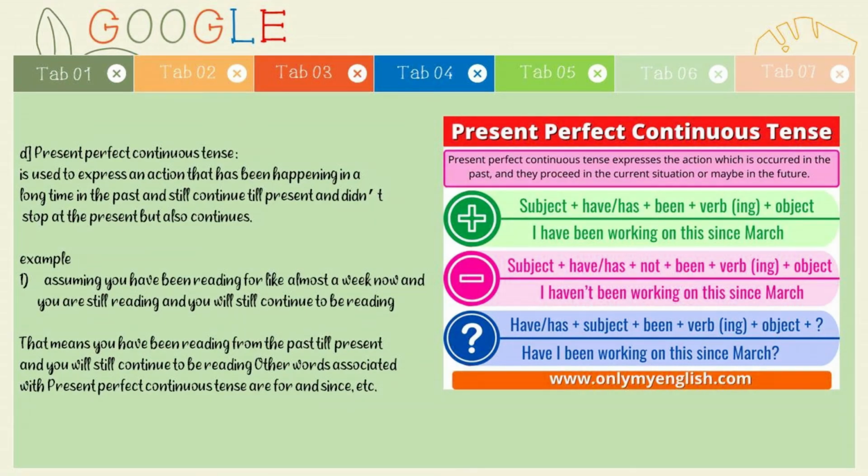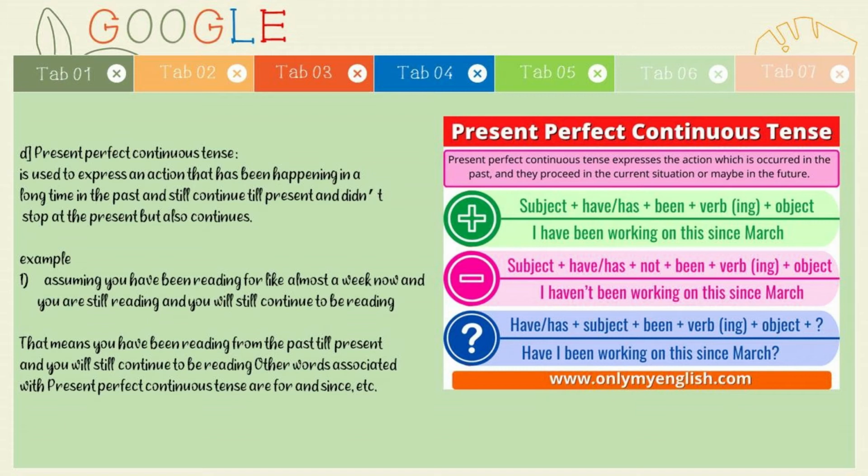And the last one is present perfect continuous tense. Present perfect continuous tense is used to express an action that has been happening for a long time in the past and still continues till the present, and doesn't stop at the present but also continues.